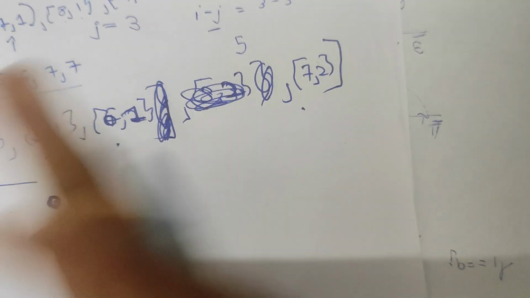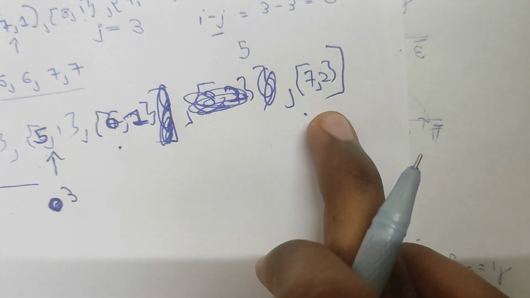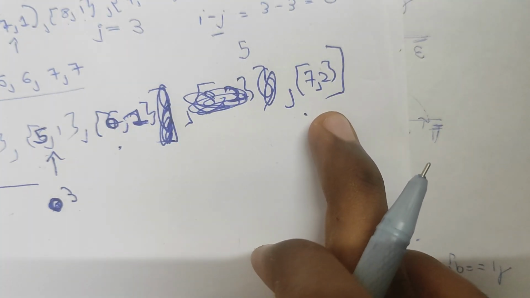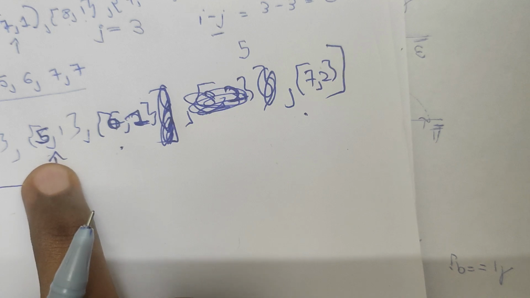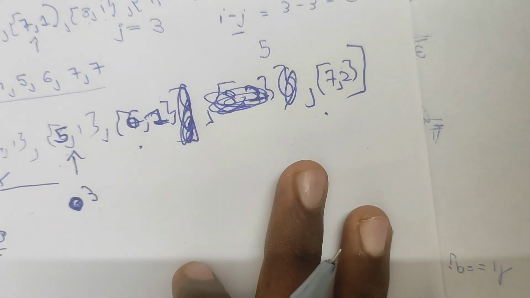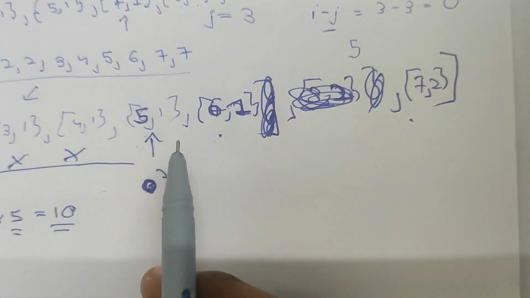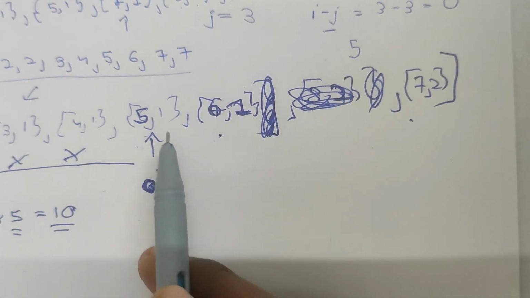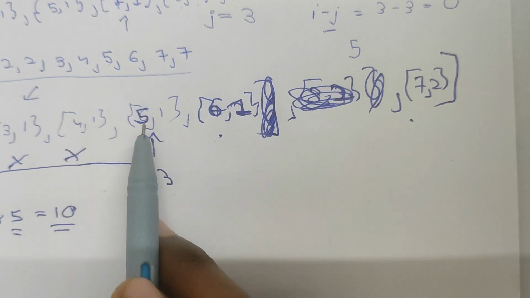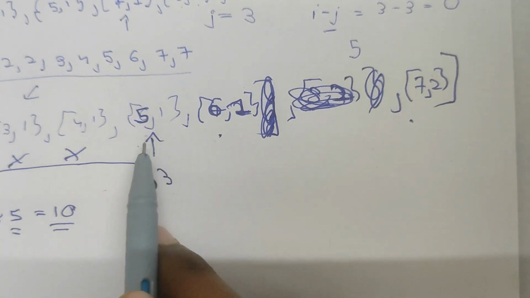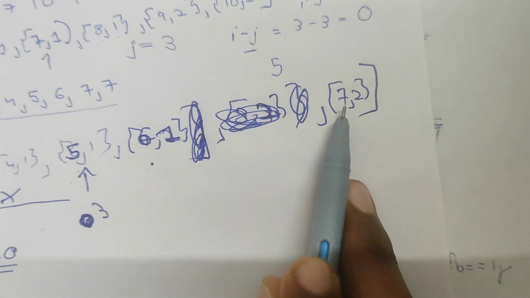But if you are not going to pick those, the logical thing is to pick this value. I hope you understood. Suppose we are on this particular value, and either we can pick it or not pick it. If we pick this value, we can't choose this value or this value.